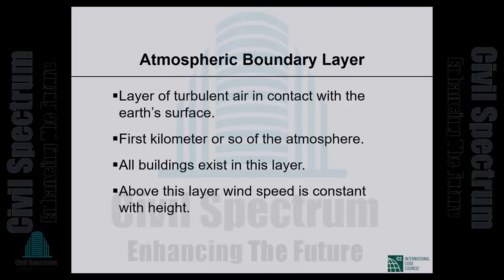You have to understand that there is no building that is more than 1 kilometer tall. The tallest buildings we have built are in the 1,000 feet range. That would be 300 meters, a third of a kilometer. Above this layer, the atmospheric boundary layer, wind speed is substantially constant with height.